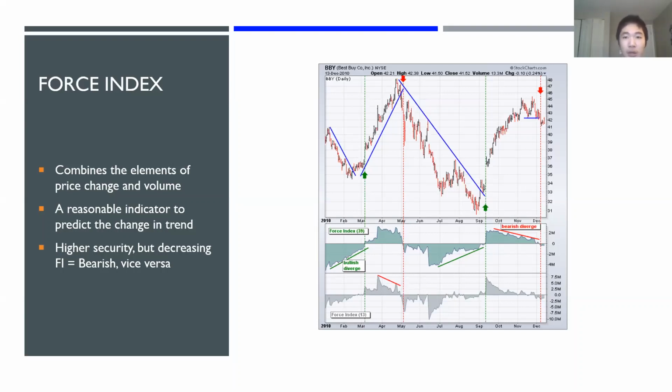And if you see again, once it shoots up between March and May, the force index becomes quite passive and it's slowly decreasing, which hints another trend that the price change is going to be negative again. So it's quite powerful.